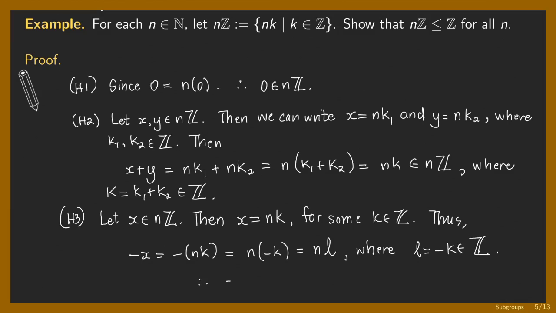Therefore, we can say that minus x is in nZ. Now, because axioms H1, H2, and H3 are satisfied, we can now conclude that nZ is a subgroup of Z. So this is how we prove that a set is a subgroup of a given group.